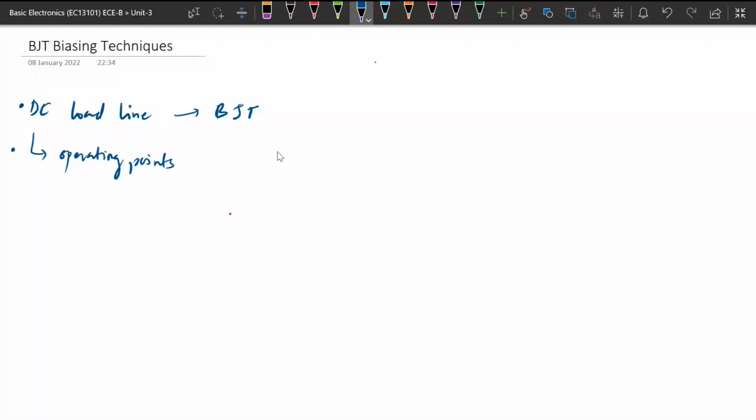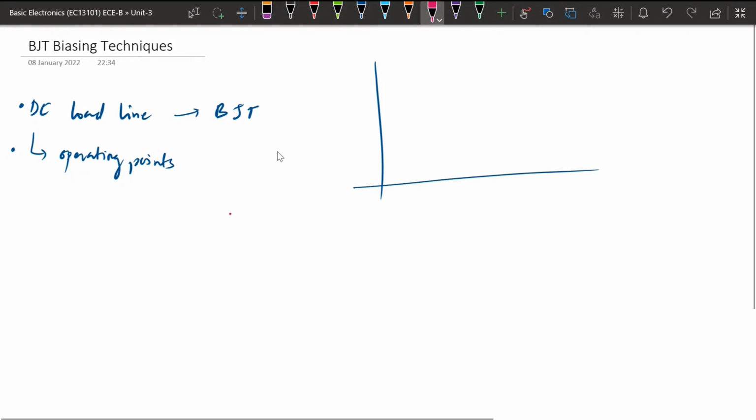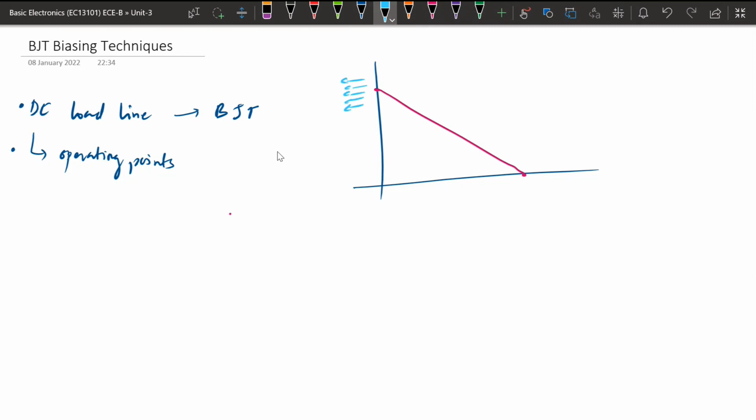this DC load line will be having two extreme points. These two extreme points are defined such that beyond this it will be like the saturation. So this point is basically given by VCC divided by RC. This is the extreme point.